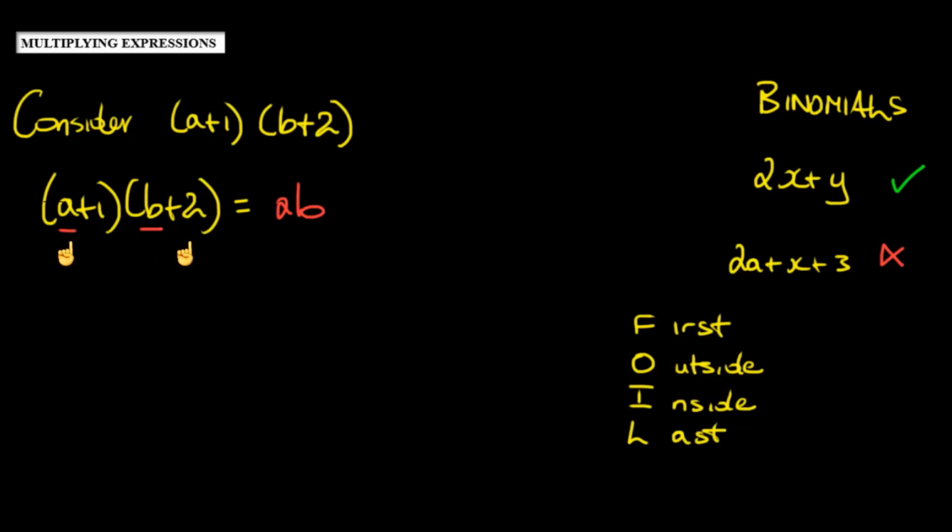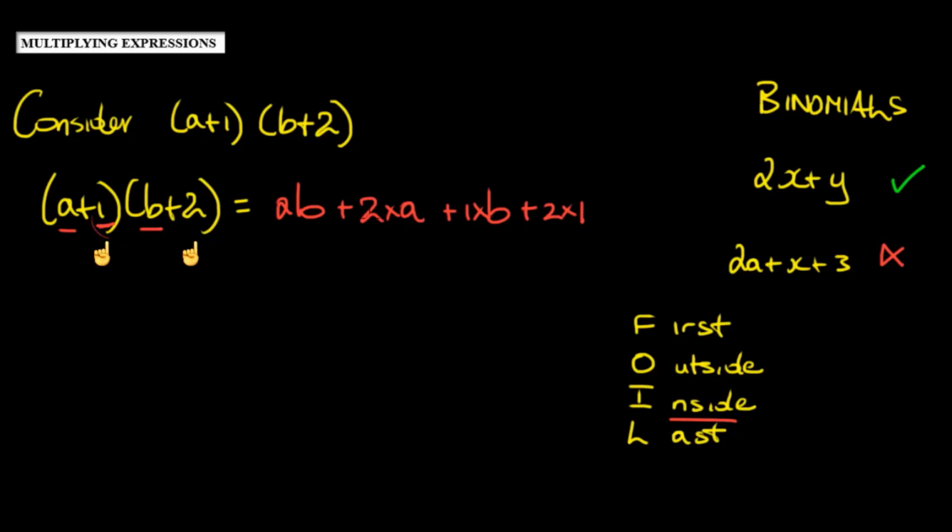Our outside terms would be closest to the edge of the bracket. So that's a and 2, so that's going to be 2 times a. Next, our inside terms, or terms inside here, which are 1 and b. And finally, our last terms. So what are the last terms in the expression? 1 and 2.